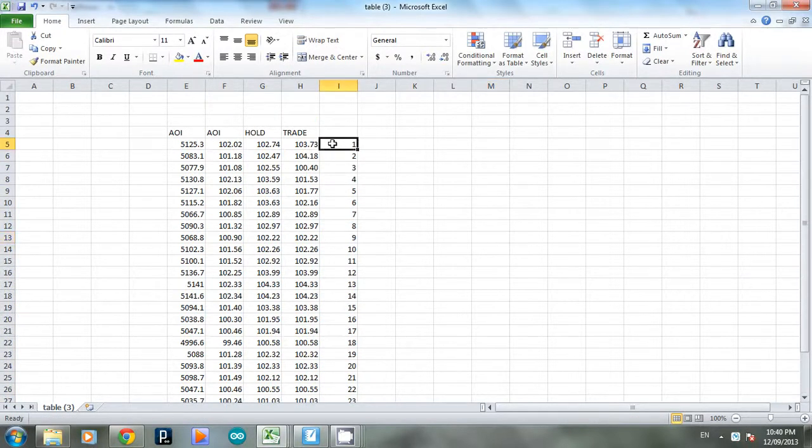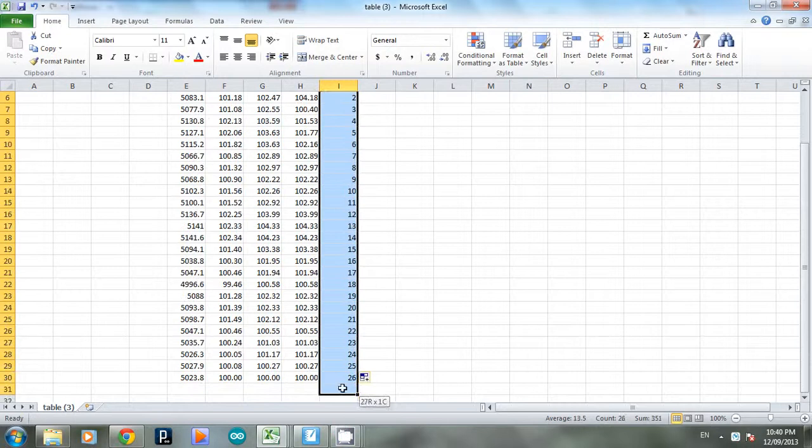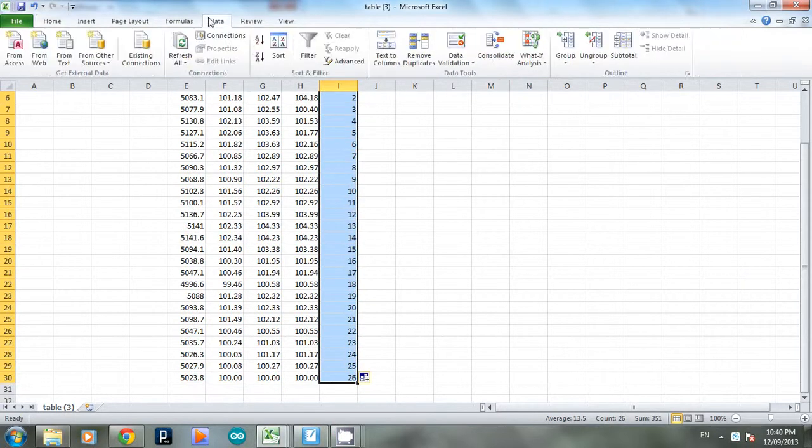And then I'm going to highlight these numbers. I'm going up to the data tab. And you've got here sorting options. So you want the one that says, the one I've got highlighted at the moment, sort largest to smallest, because that's going to flip that column of numbers upside down.